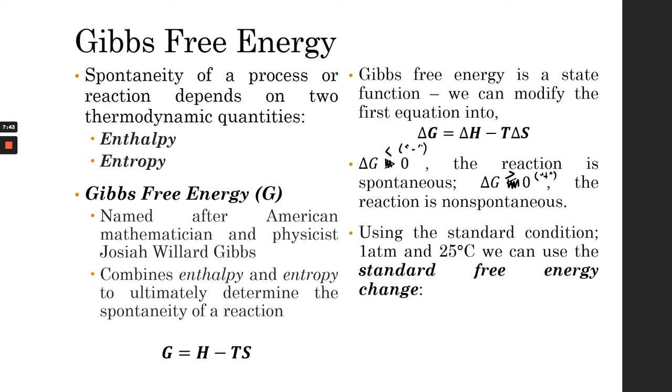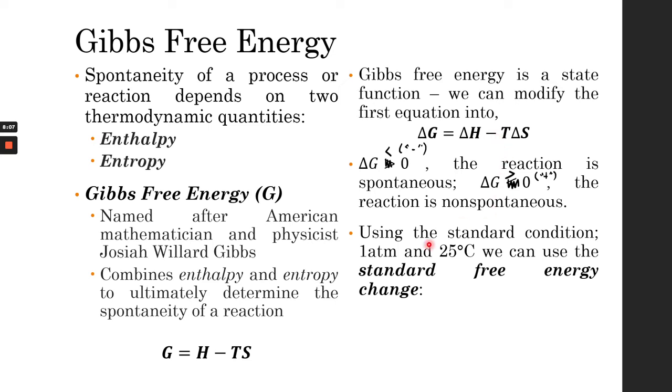And then we can further modify this equation on top in order to give a more standard way of measuring delta G. Especially if we have temperature, the temperature needs to be constant, as well as pressure. Otherwise, your delta G will always be changing.